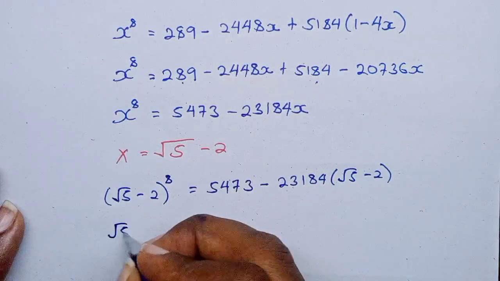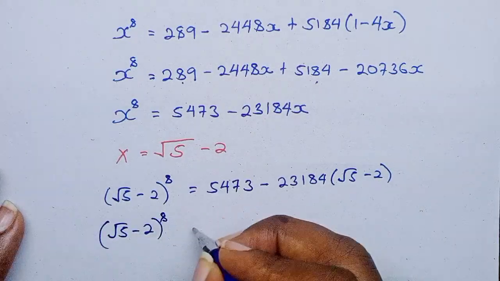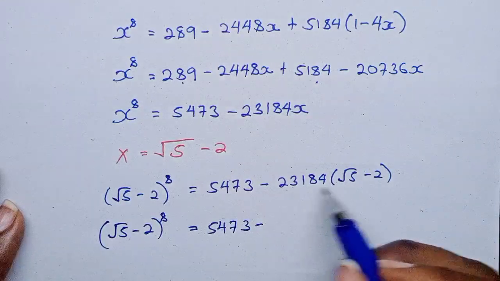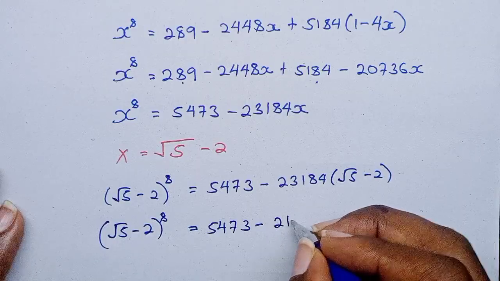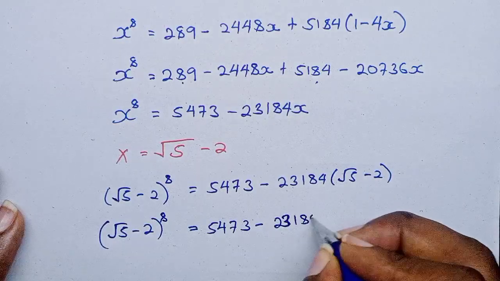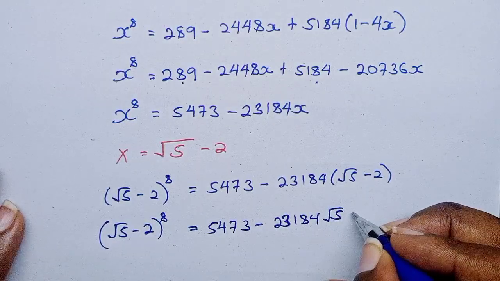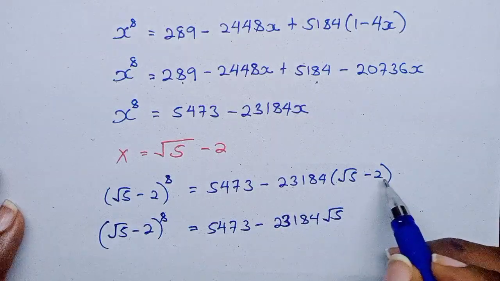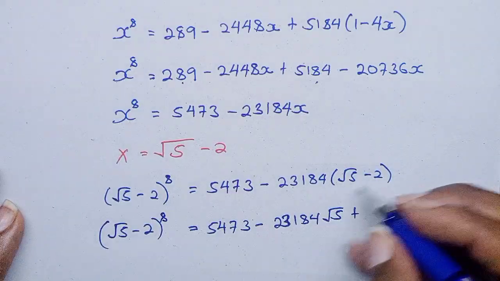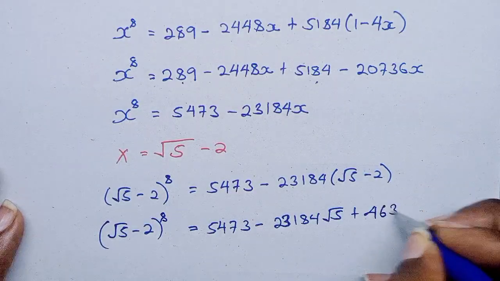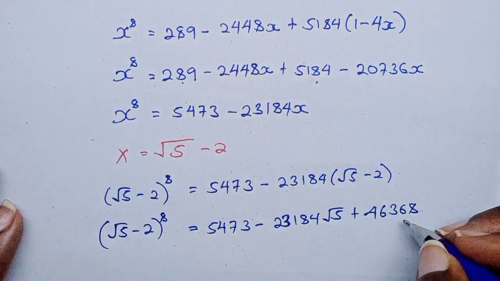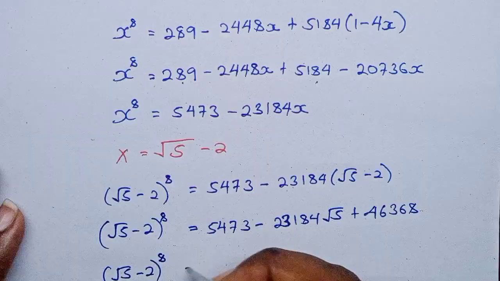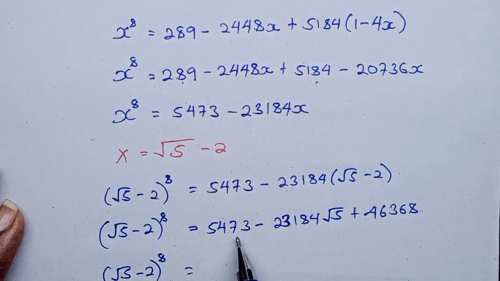So we have root 5 minus 2 to power 8 being equal to 5473 minus 23184 root 5. Then remember this is negative; negative times negative gives us positive 46368.